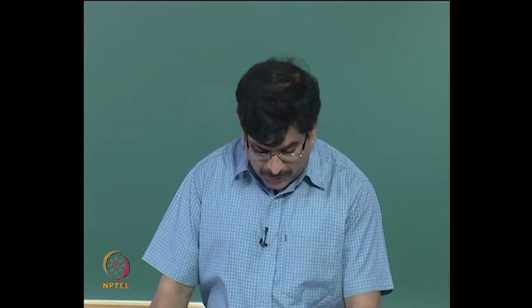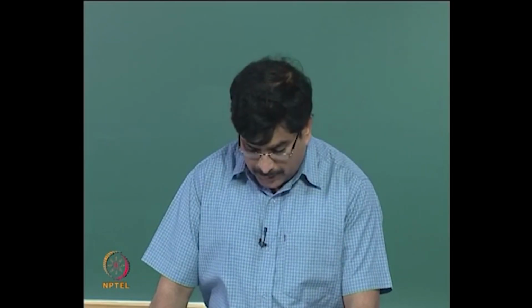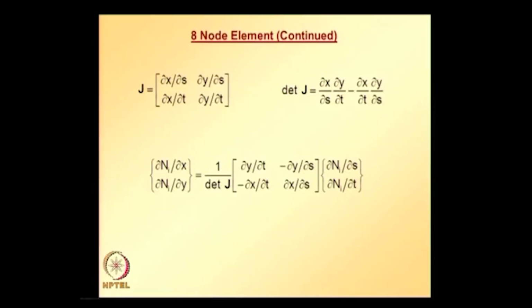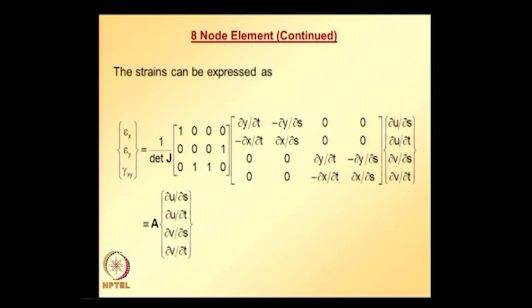Once we have these two relations, we can write the Jacobian matrix, determinant of Jacobian, and also shape function derivatives in x and y. All this is again the same as for the 4 node quadrilateral element, except the dimension of the matrices gets increased because we have 8 nodes.